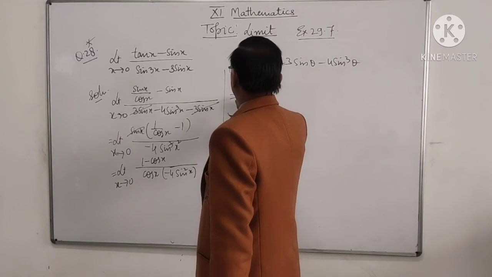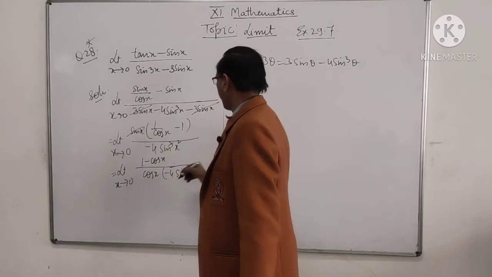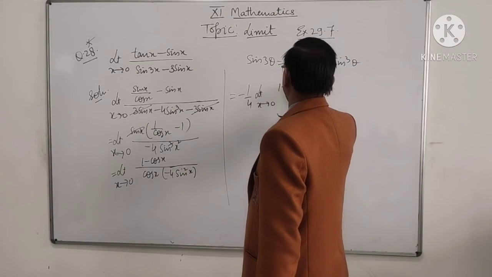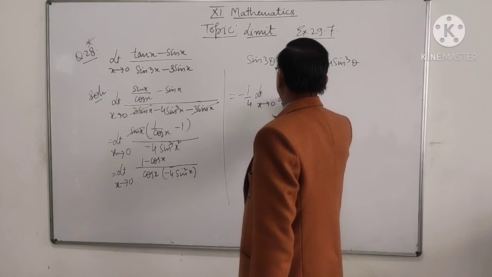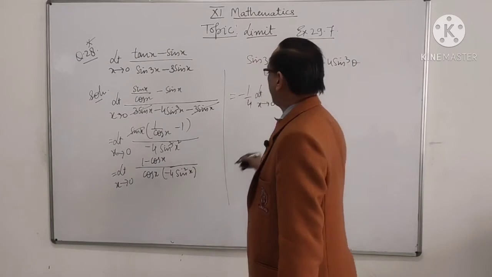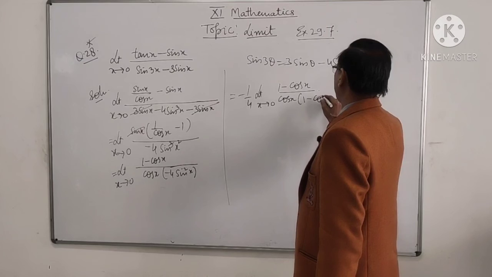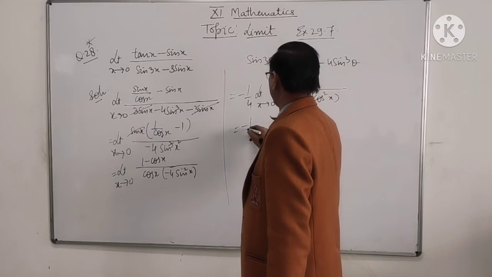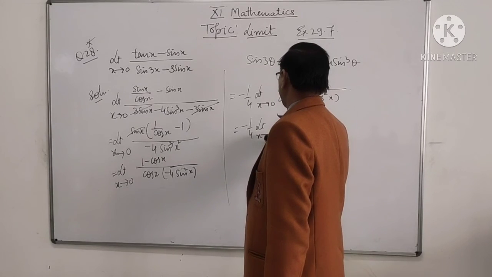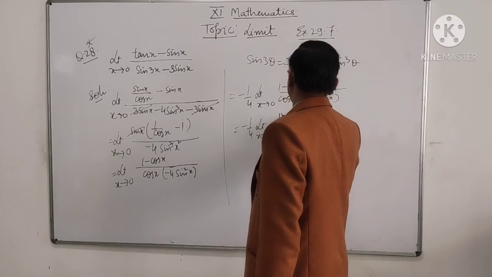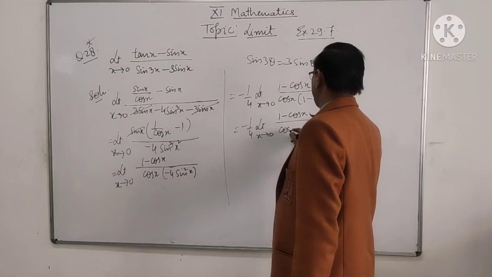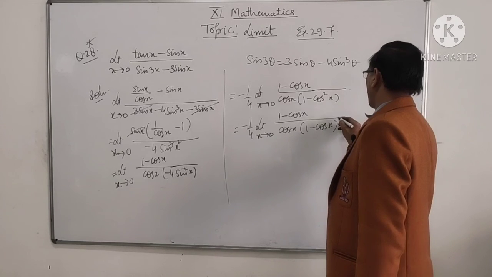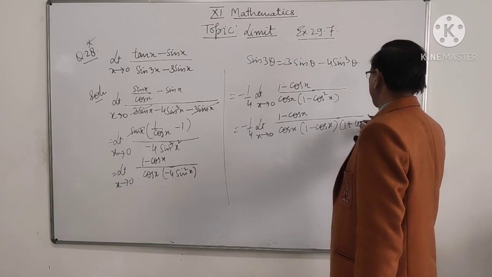Now take minus 1 by 4 out, limit x tends to 0, 1 minus cos x and cos x, sine square x can be written as 1 minus cos square x. Then factorize: its factors are 1 minus cos x into 1 plus cos x.